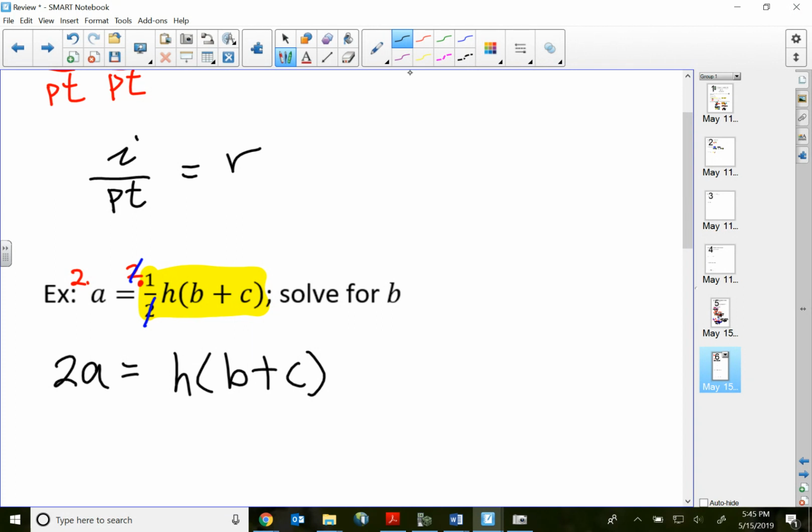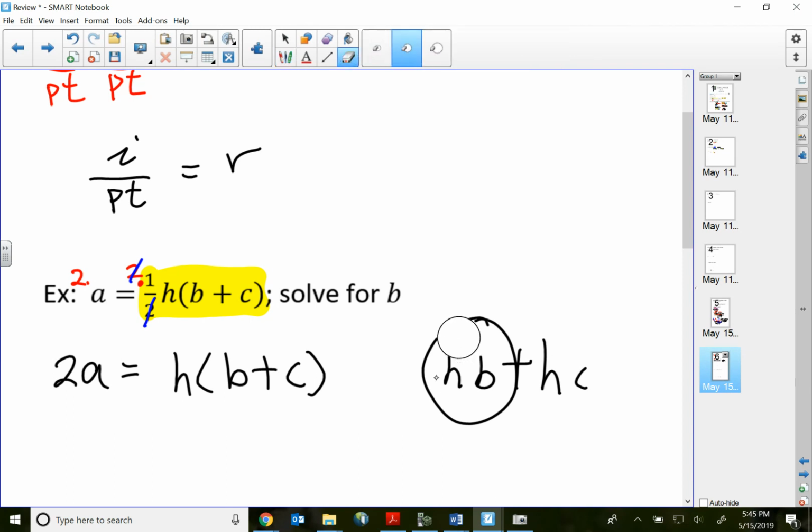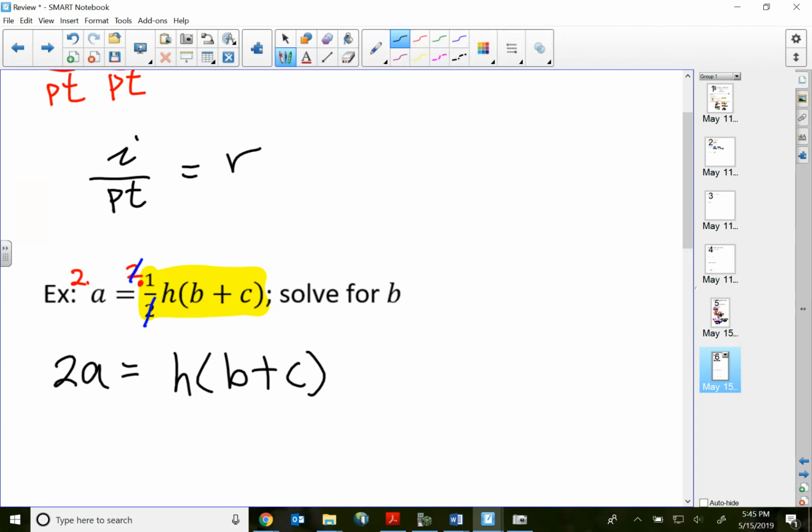From here, some students say the H can be distributed, which is okay, nothing wrong with that, because then you end up with HB plus HC. With B being the variable term still, B is the variable and H is the coefficient, so the very last step is to divide by H. Rather than distribute, we can go ahead and divide both sides by the coefficient H ahead of time.